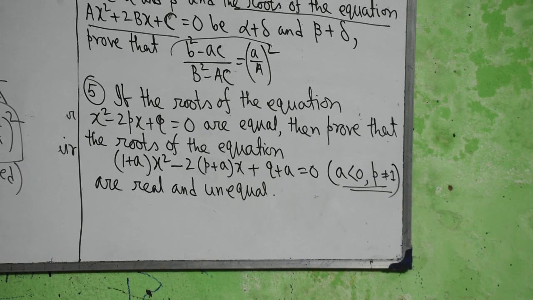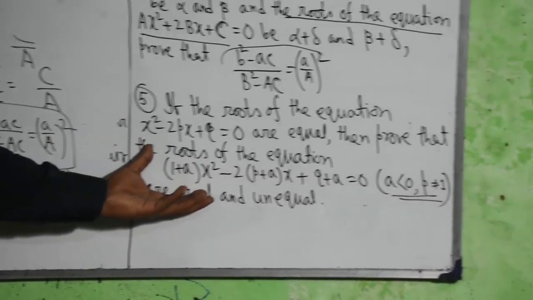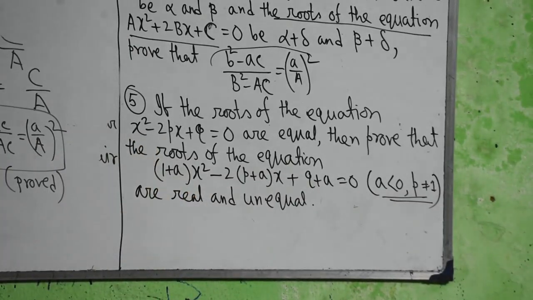That means the first equation is given to you, the roots are equal, so you will get some conditions. Using that condition, you have to prove that the roots of the second equation are real and unequal.